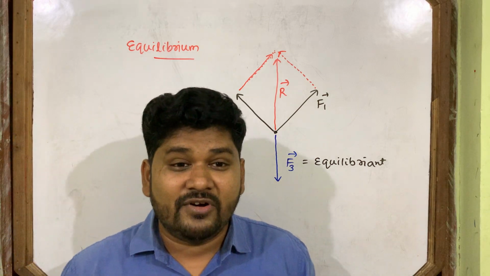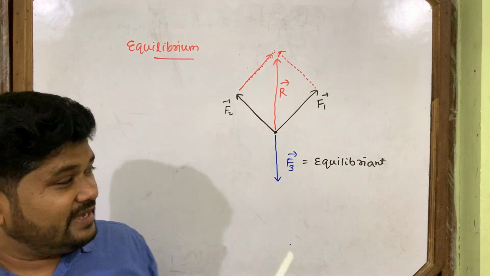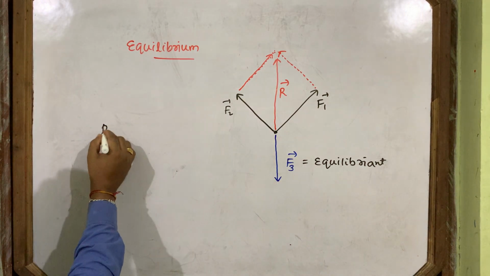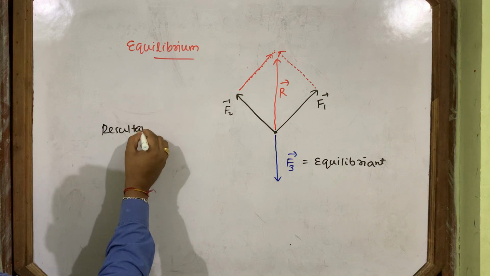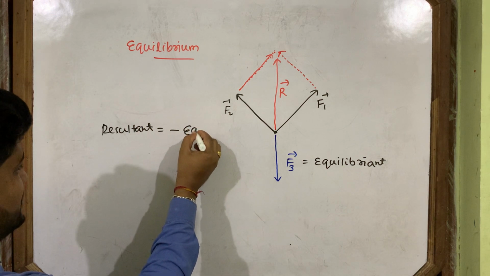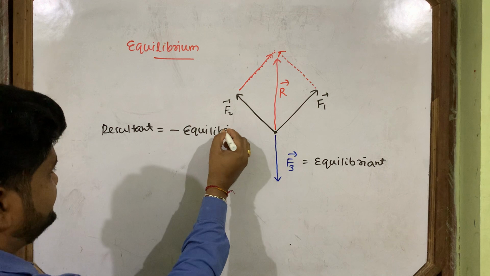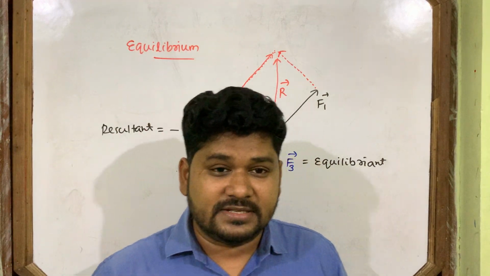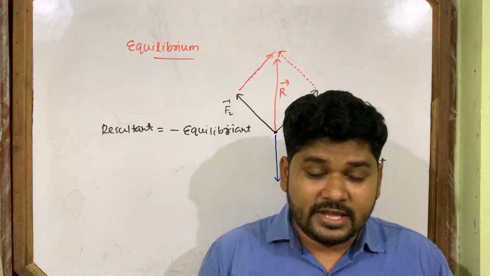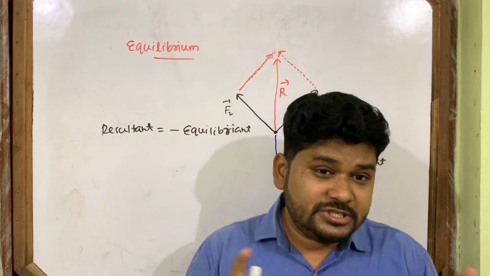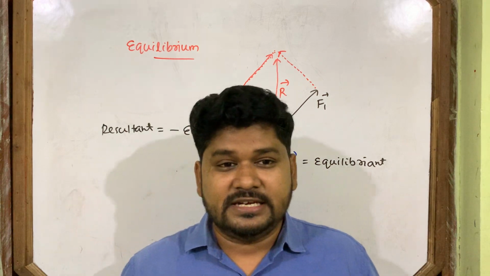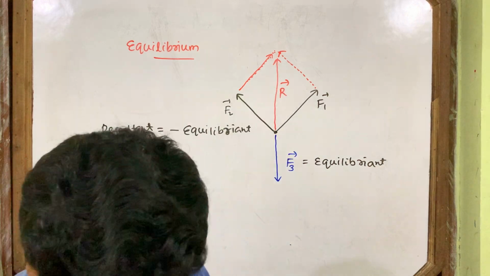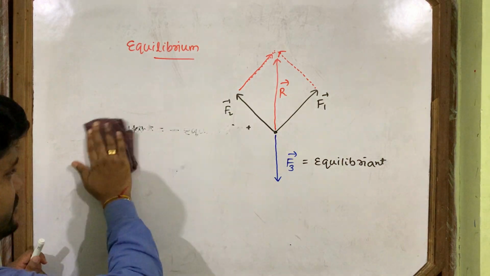They are negative of each other. So resultant is equal to minus equilibriant. Or you can say the definition of equilibriant: the vector equal in magnitude and opposite in direction to the resultant is called equilibriant.